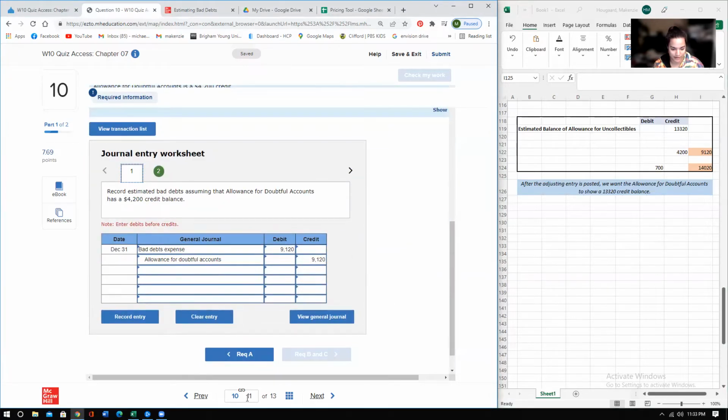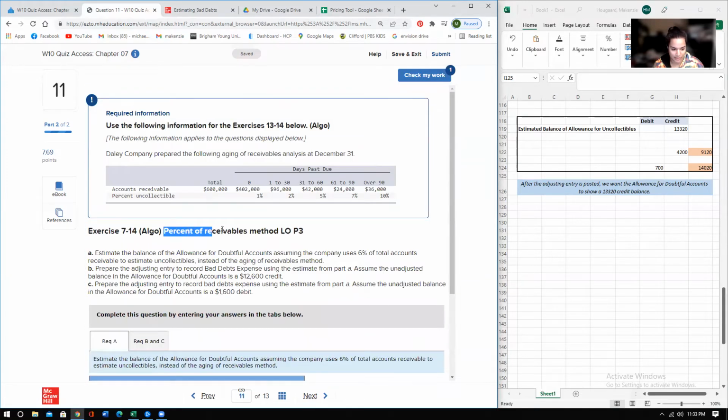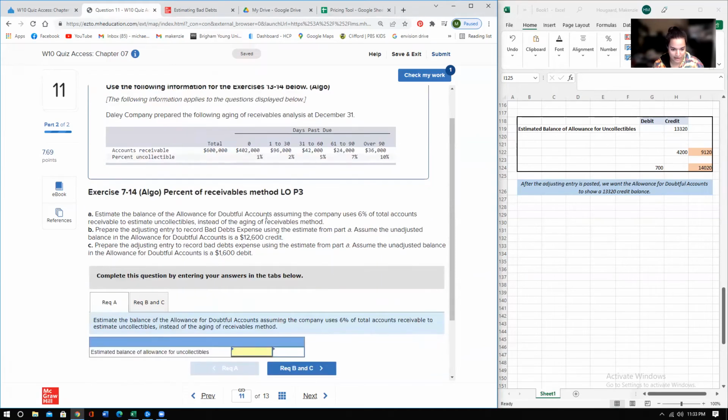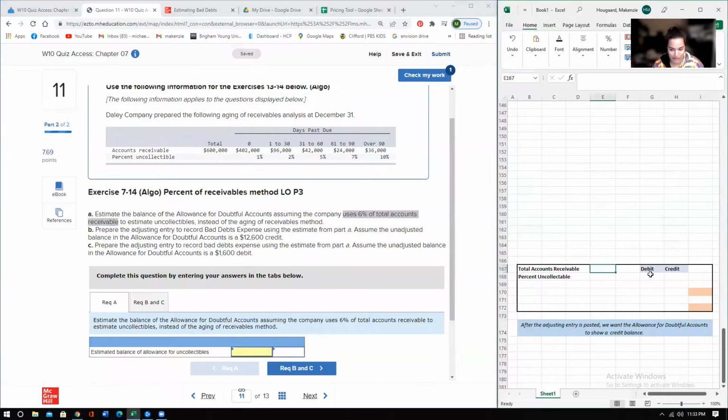All right, and now we go on to number 11. And this time we're using the percent of receivables method. So the way that we do that is that we take, here it says, assuming the company uses 6% of total accounts receivable. So the total amount of accounts receivable is 600,000. Says it right there. And we want 6%. We put 6% there.